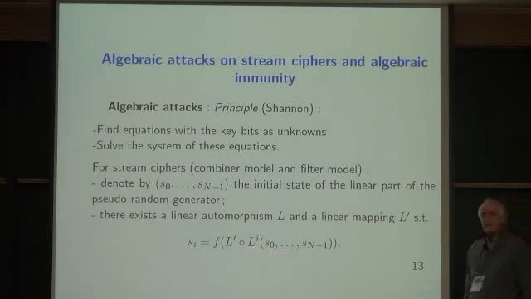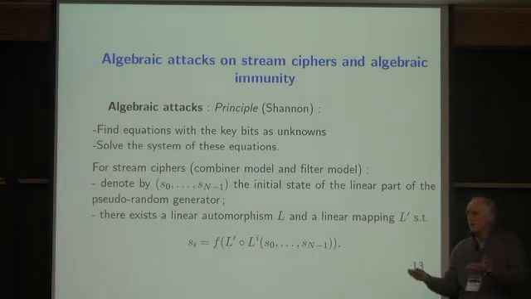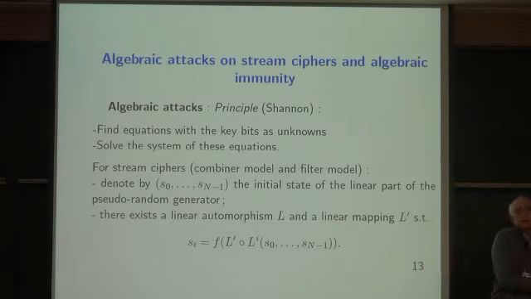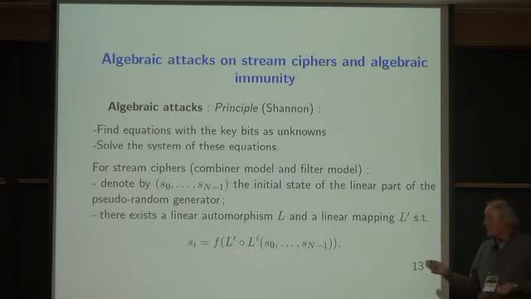And if you call capital L the update function, which moves the linear part at some clock cycle to the linear part at the next clock cycle. In the LFSRs, every bit moves to the right, etc., and there is a feedback. This is a linear transformation L, which is the update function. So if you want to move from the initial state to the ith state, you just have to apply L i times. L is a linear isomorphism.